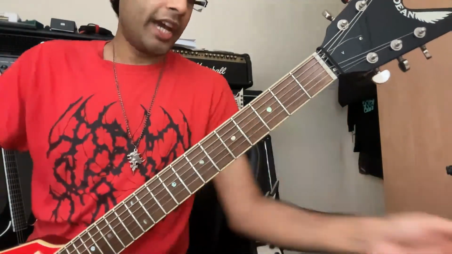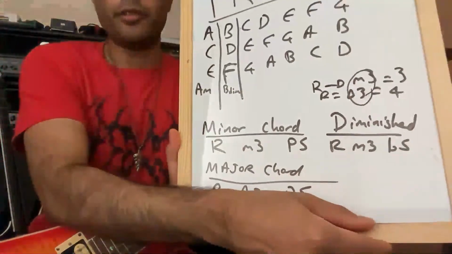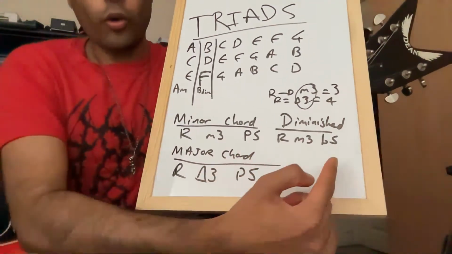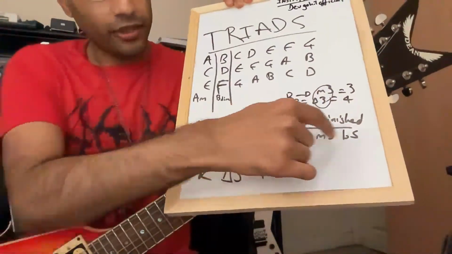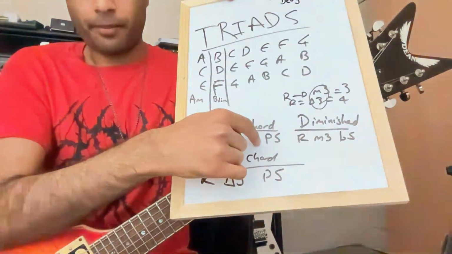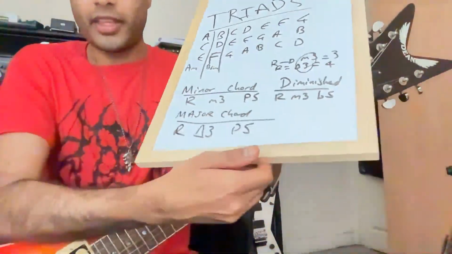Now, to change your diminished chord to your minor chord, all you need to do is change the highest note, the perfect fifth. The way we get from a flat fifth to a perfect fifth is up 1 fret.